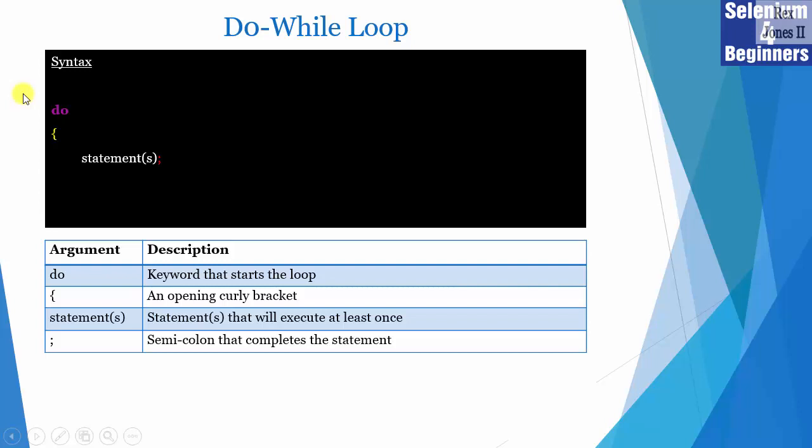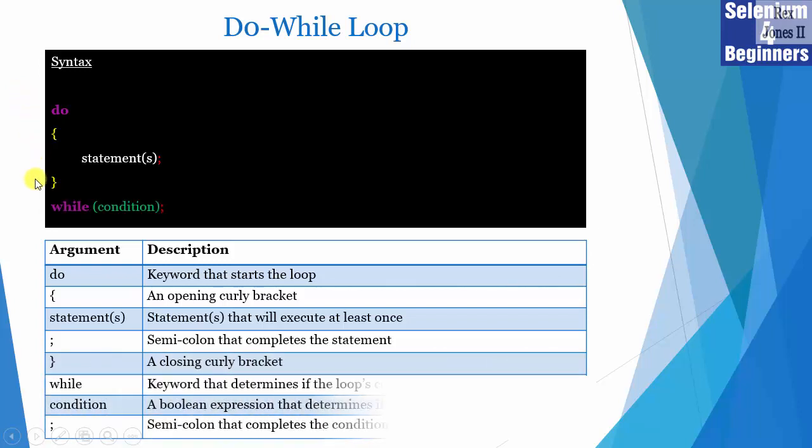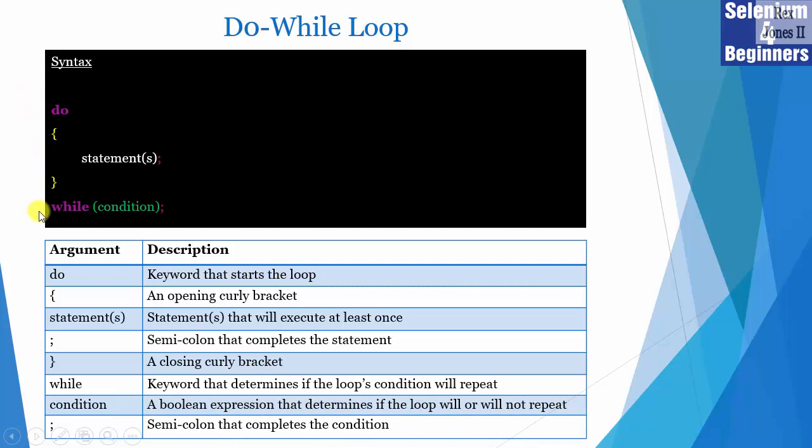After the statement is a closing bracket, keyword while, and a condition is last. Notice how the do while loop is different from the for loop and while loop. The condition is at the bottom of the loop, but the for loop and while loop have a condition at the top of the loop.